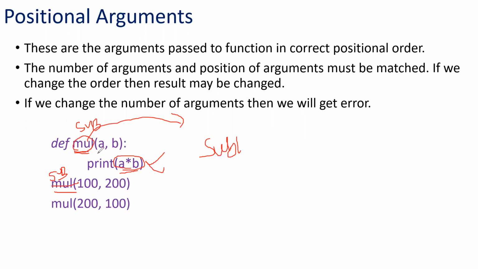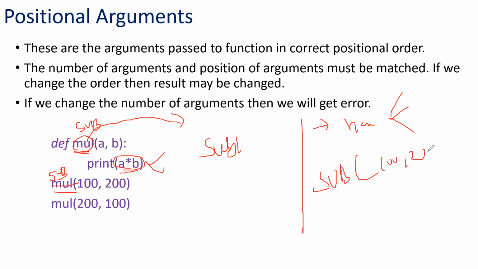Identifier name can be anything. I have told you some rules to define the identifier. Just go through the first slide of the first class, where I explained that an identifier is the name for a variable, function, or method. I think that's the reason you got confused, saying SUB 100, 200.